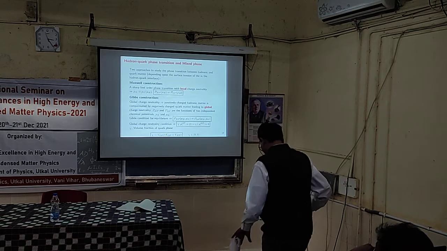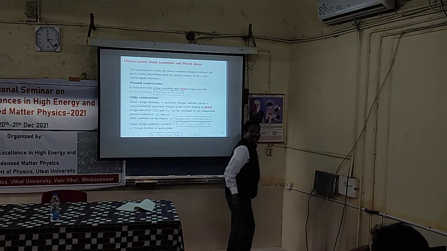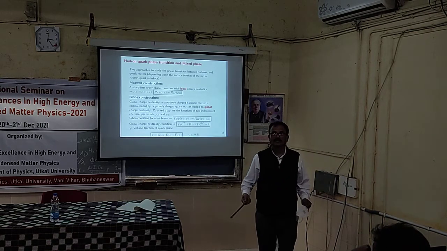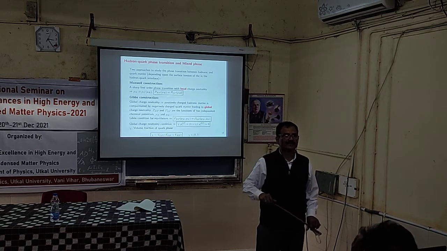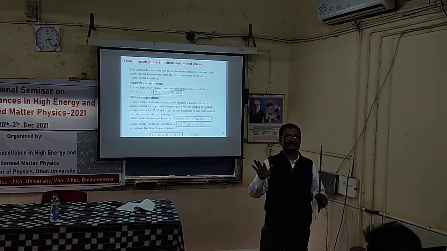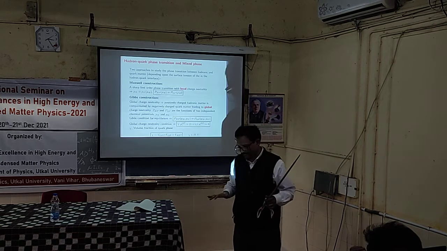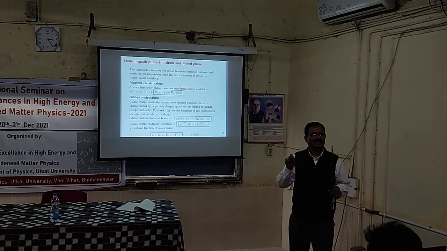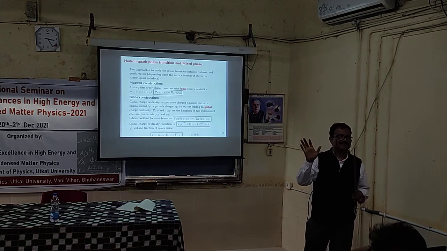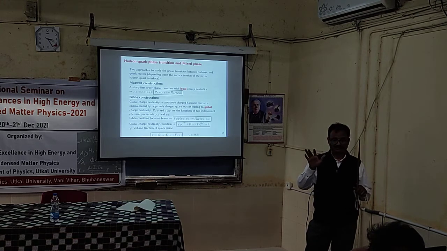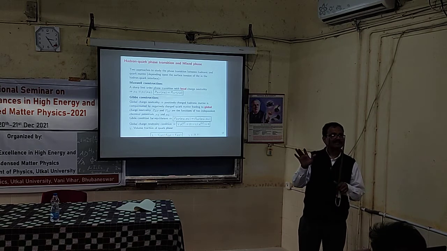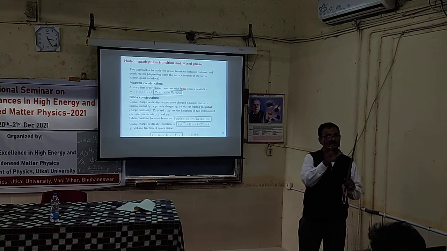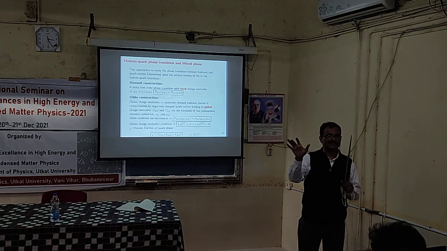Then I have to know which phase has higher pressure or lower thermodynamic potential. That is the Gibbs criterion. It says that for a given temperature and chemical potential, which is a proxy for density, for the phase transition to occur, both phases will have the same pressure, same thermodynamic potential.